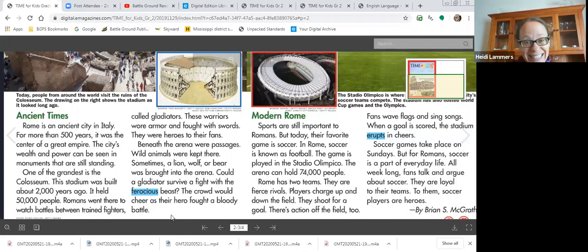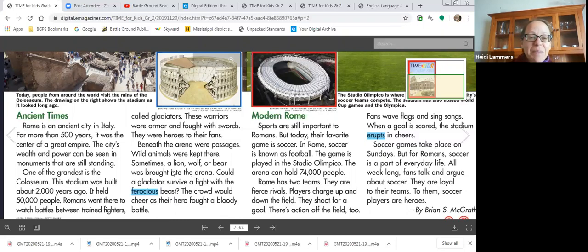Doesn't that sound intense? So again, this version of this magazine has more detail. In the version for kindergarten, first grade, and second graders, we didn't know what kind of animals, and we didn't ask this question, and we did not read this detail about a bloody battle.